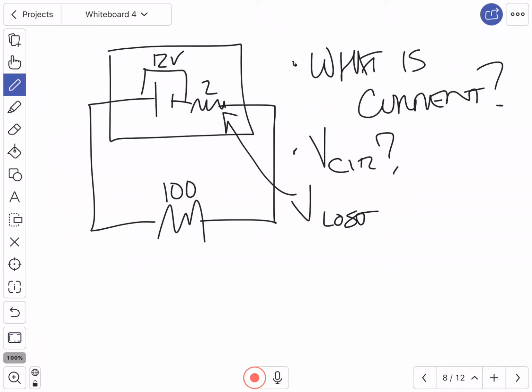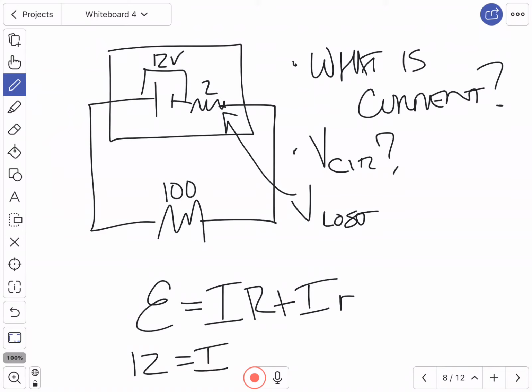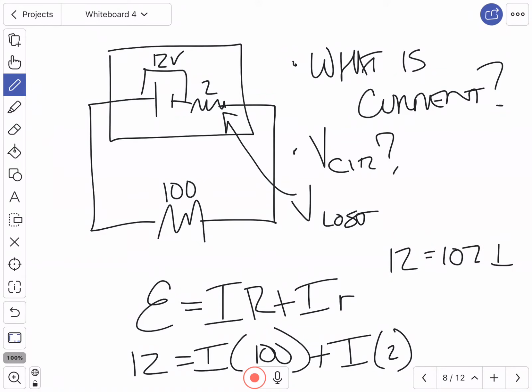So I'm going to use this equation. The EMF is equal to IR plus Ir. So that's 12 equals I times 100 plus I times 2. If we were to calculate that, that would give me 12 equals 102 times I, which would give me a current equal to 0.118 amps.